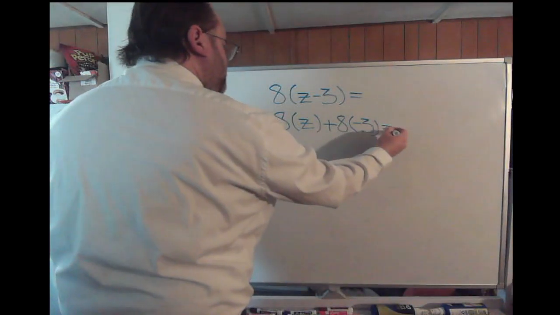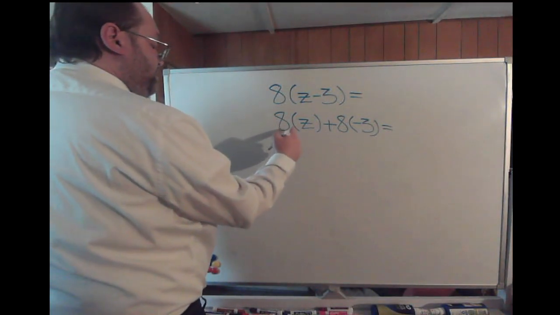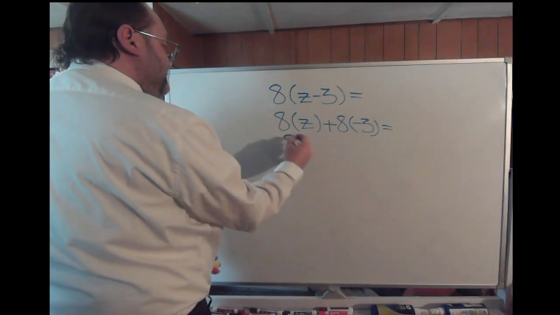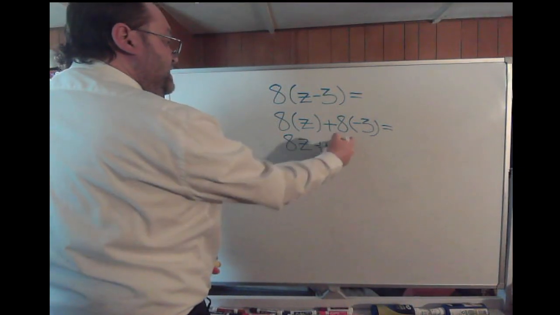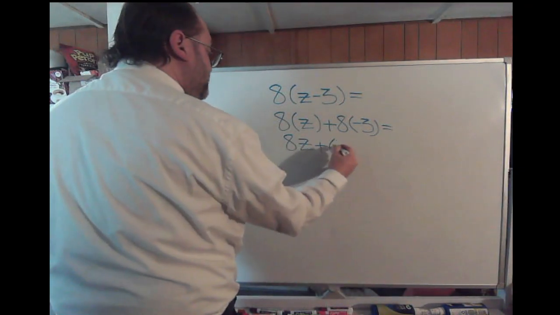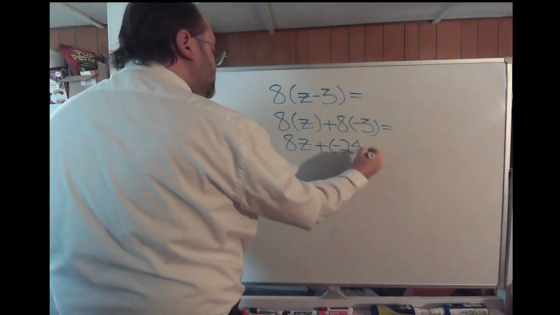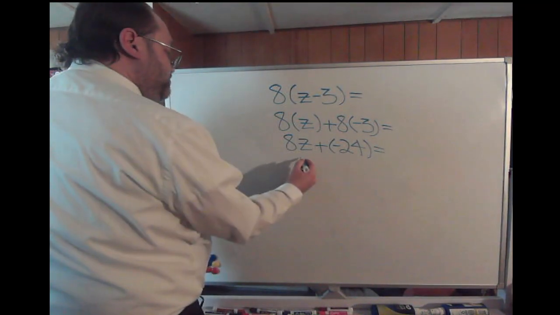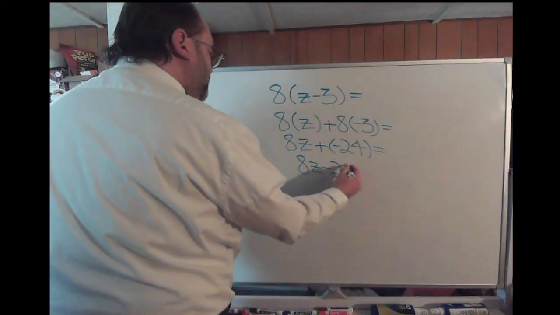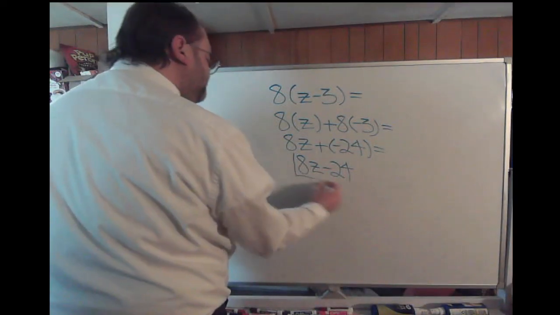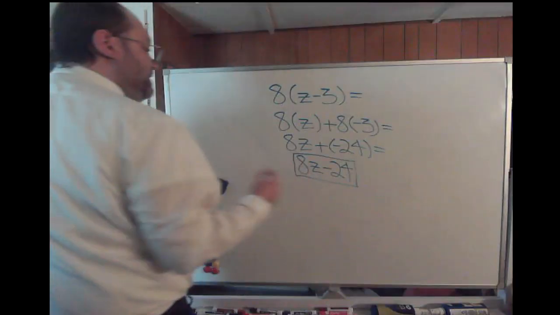Then you'll multiply 8 times z, you'll get 8z. What is 8 times -3? Well, that's -24. So when you simplify this, you'll just get 8z minus 24. And that would be your answer.